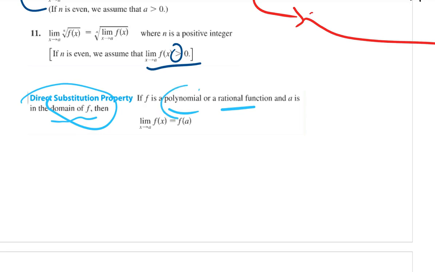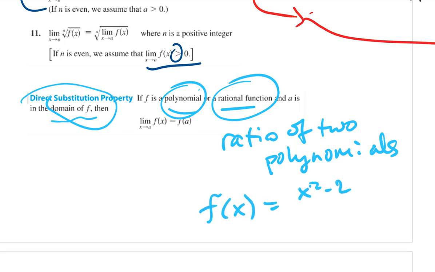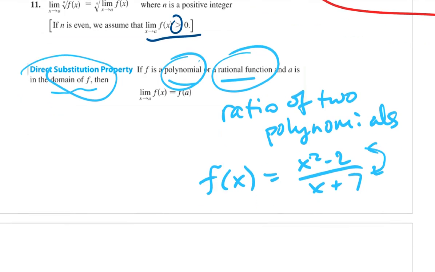So polynomials, you know what polynomials are. A rational function is a ratio of two polynomials. So an example of a rational function is f of x equals x squared minus 2 over x plus 7. Okay, so it's a rational function. It's a ratio of two polynomials. So there you have it.